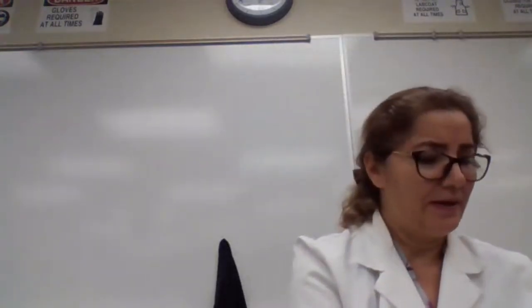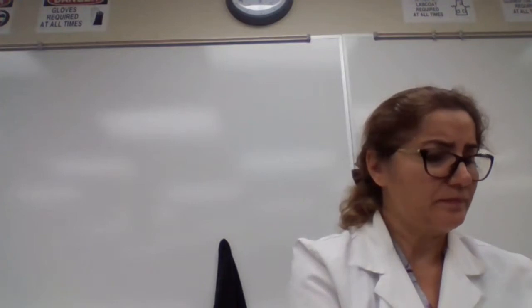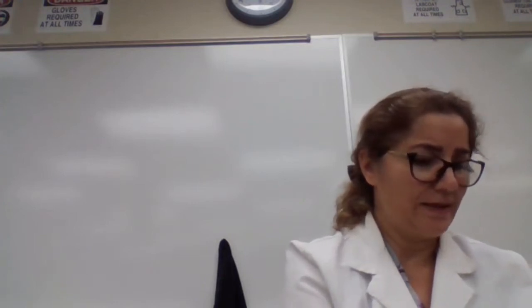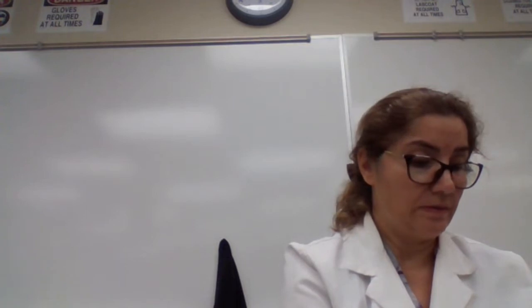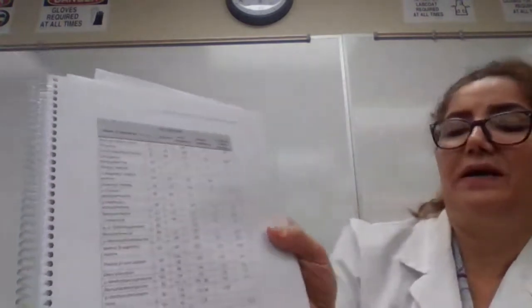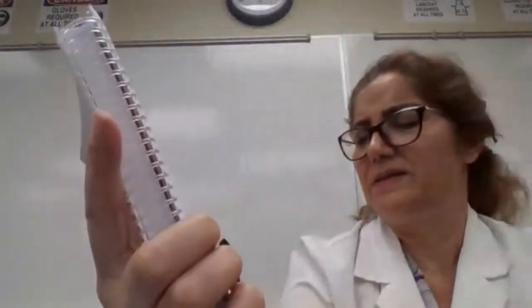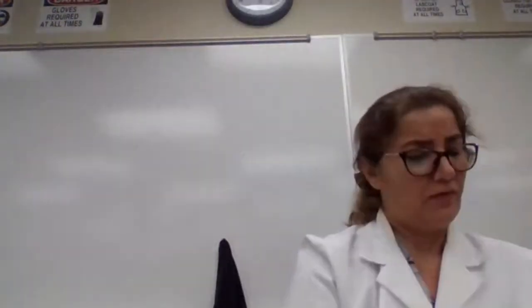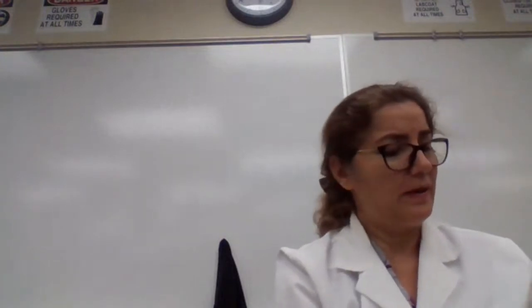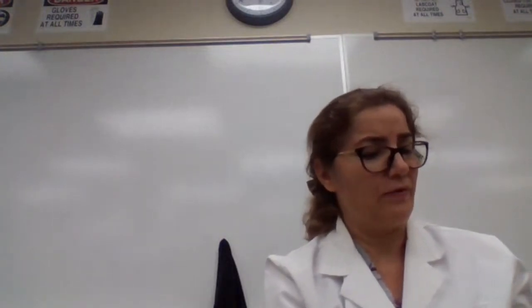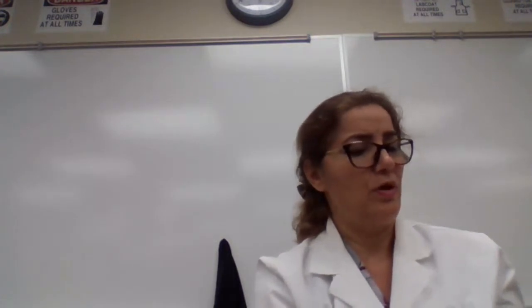If, hypothetically, the melting point is 78 on page 233, then it could be nitroacetophenone, or it could be parachlorobenzophenone. So you have two compounds very close to that 78.